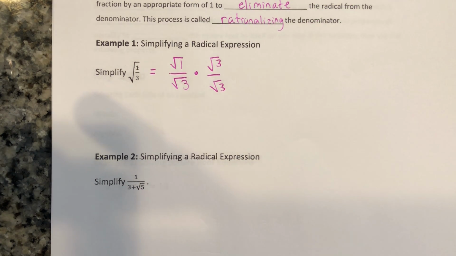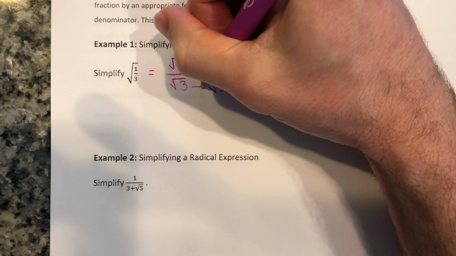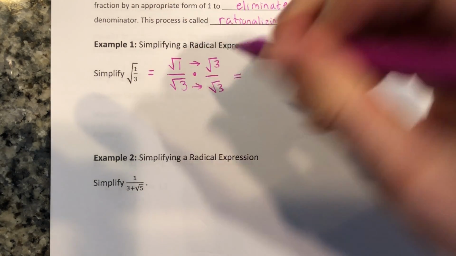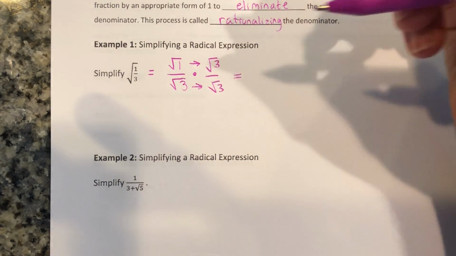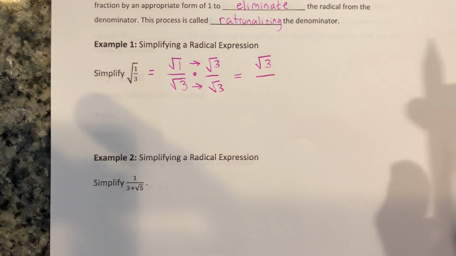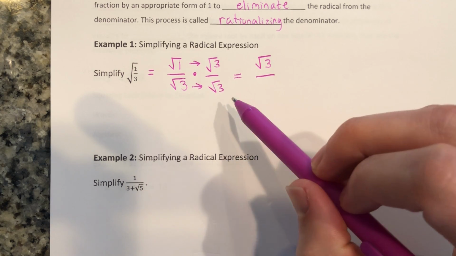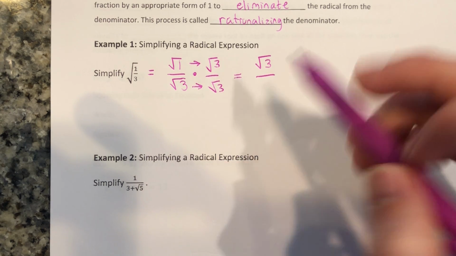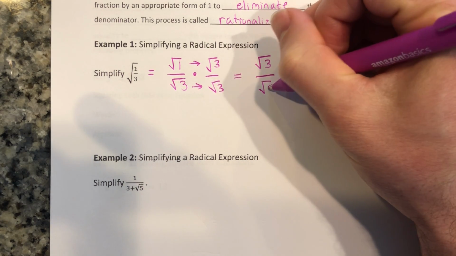When we do this, we multiply across, because we're multiplying fractions. The square root of 1 times the square root of 3 is really just 1 times 3. You just multiply those radicands. That gets you the square root of 3, and it's okay to have that up top. The square root of 3 times the square root of 3 is 3 times 3, which gets you the square root of 9.